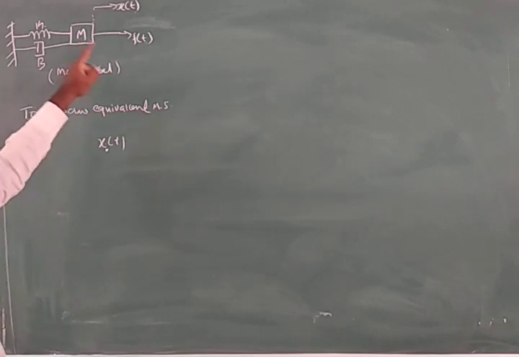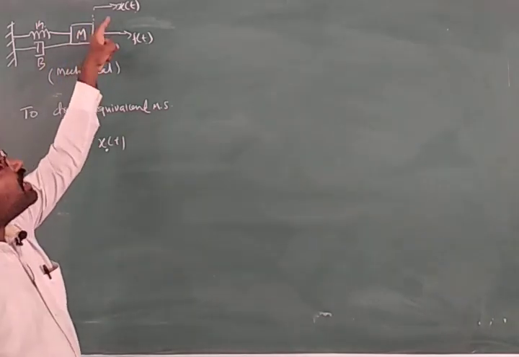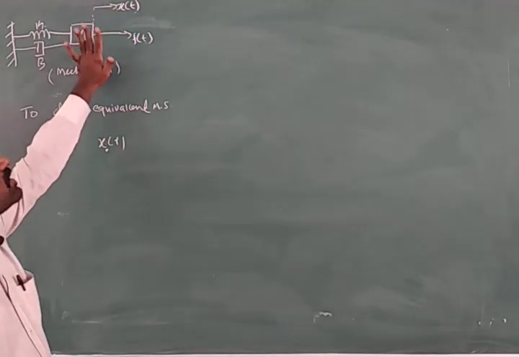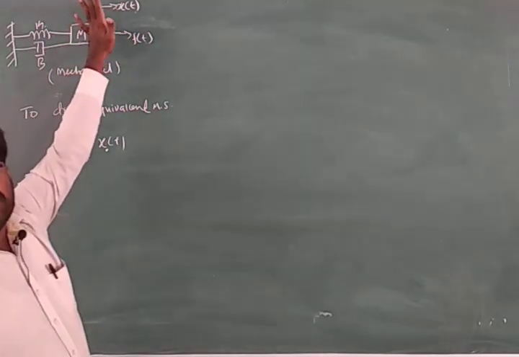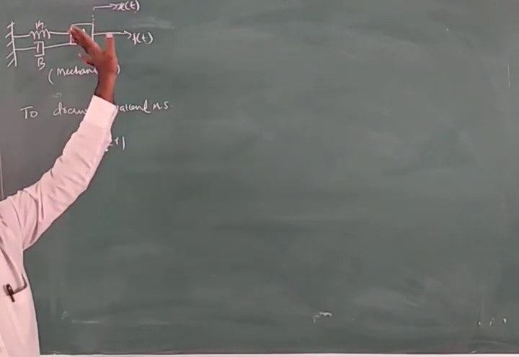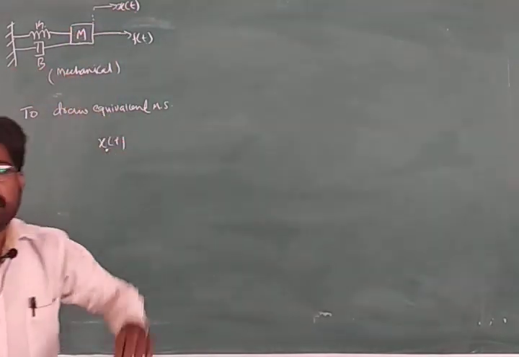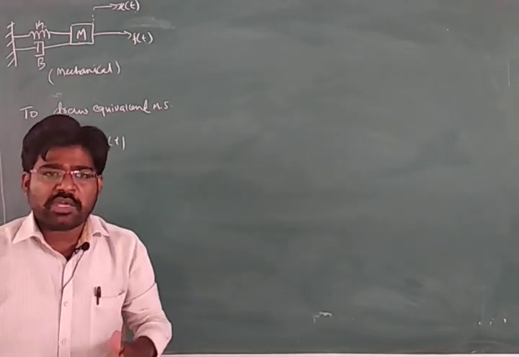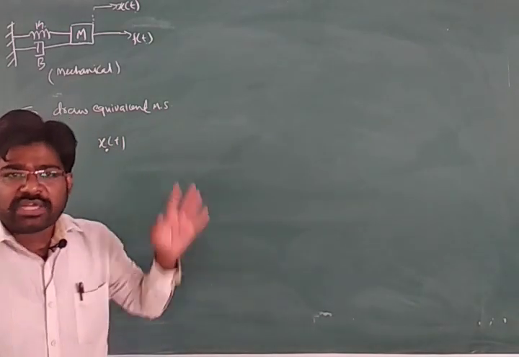Then the next step: what are the parameters which are influenced by this displacement? We have to identify those, and connect all of them in parallel across this node. This is the procedure to draw the equivalent mechanical system of the given system.